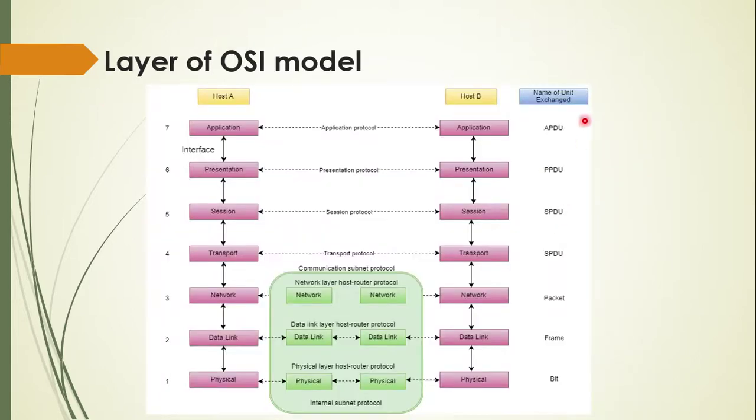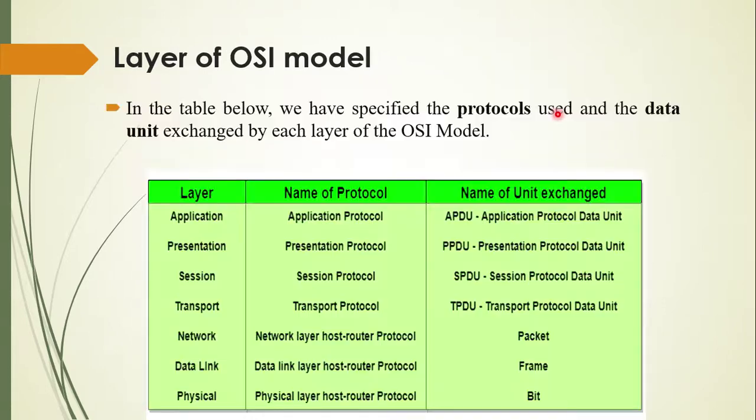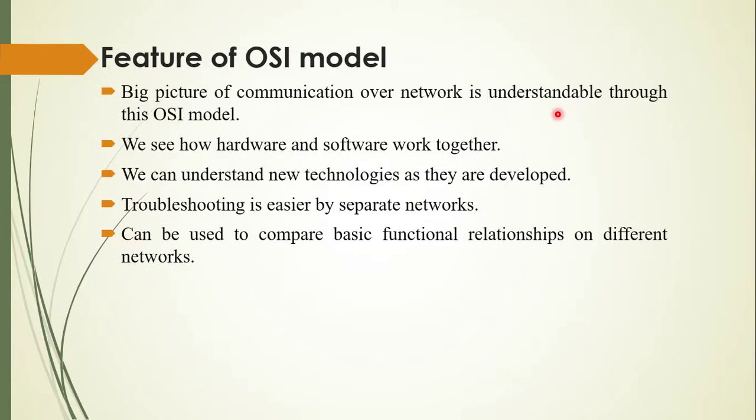So that is bit at the physical layer, frame at the data link layer, packet at the network layer, TPDU at the transport layer, SPDU at the session layer, PPDU at the presentation layer and APDU at the application layer. Now the features of the OSI model.